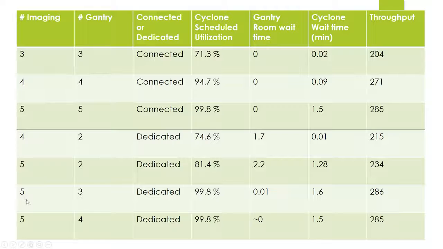The best one that I was able to find was 5 imaging rooms and 3 gantry rooms, due to the cost effectiveness of having fewer gantry rooms, which are in themselves very expensive.